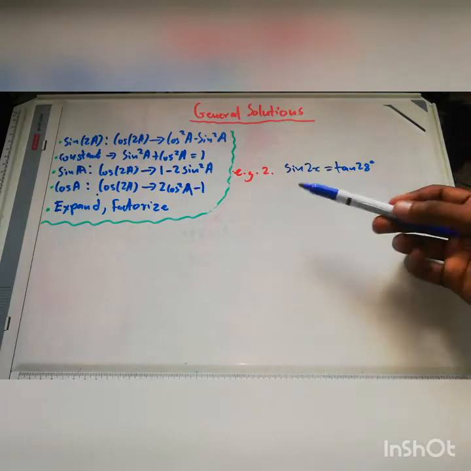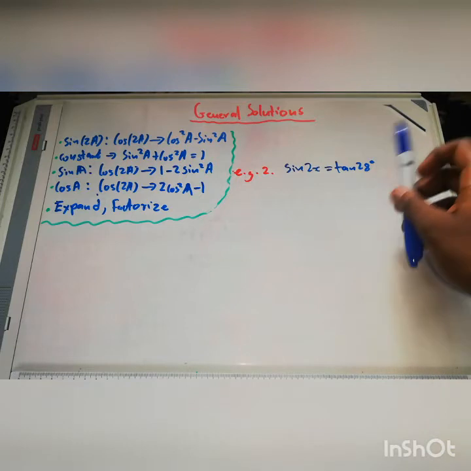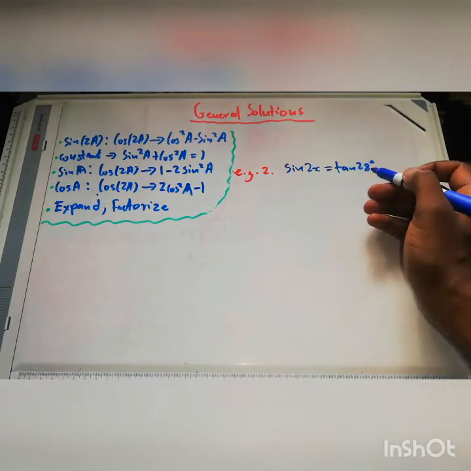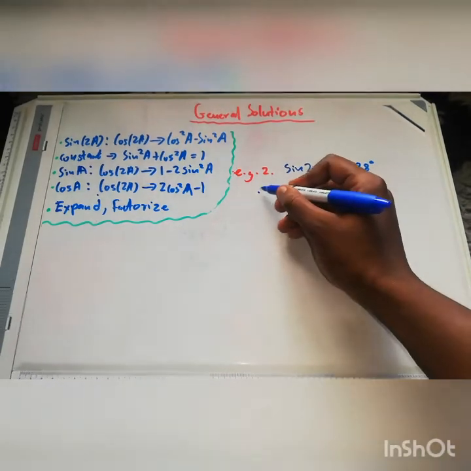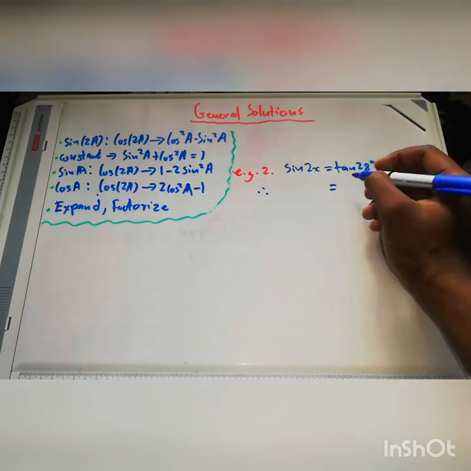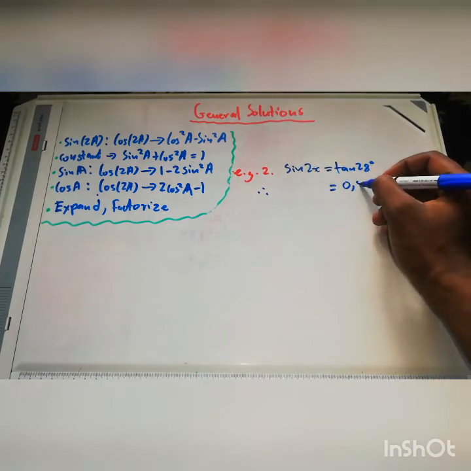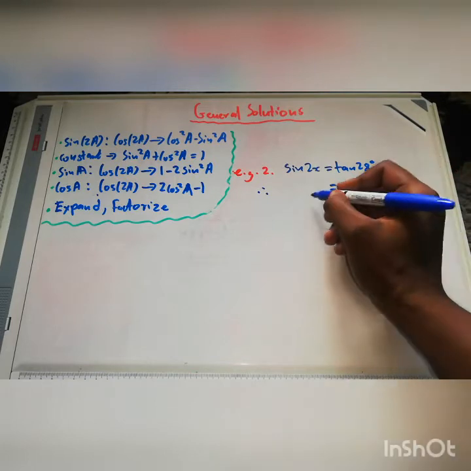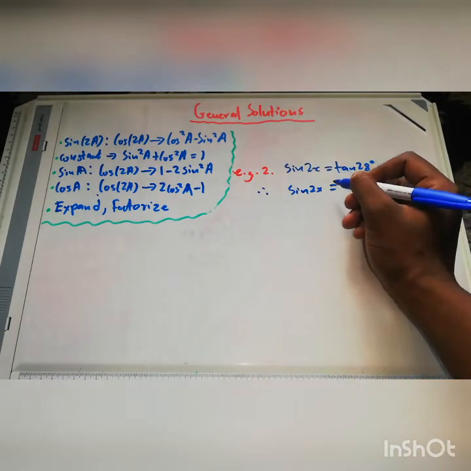The second example says that I must find the general solution to sine 2x is equals to tan 28 degrees. So what I'll suggest you do here, find your tan 28 degrees in your calculator, and then I think you'll find that is 1.53, right? And then this side you still have your sine 2x, right?